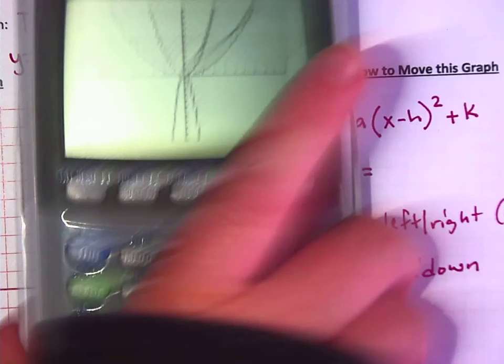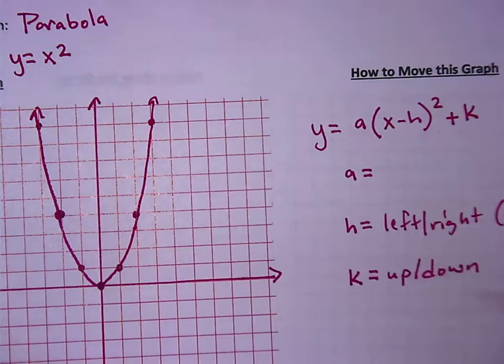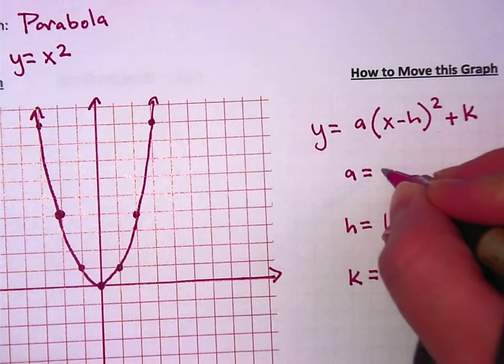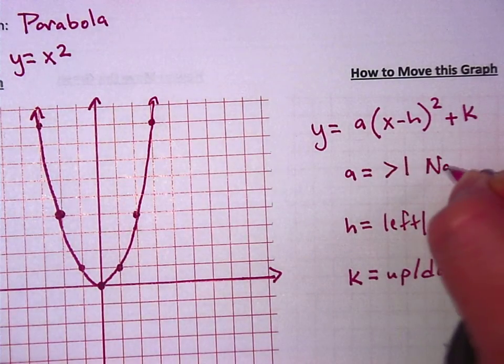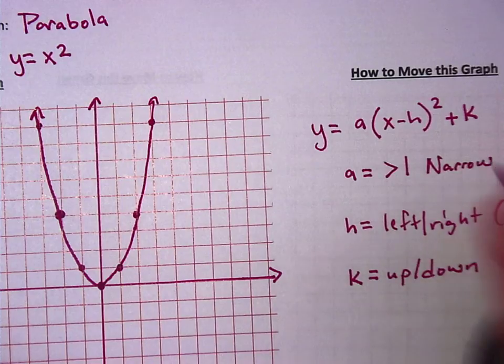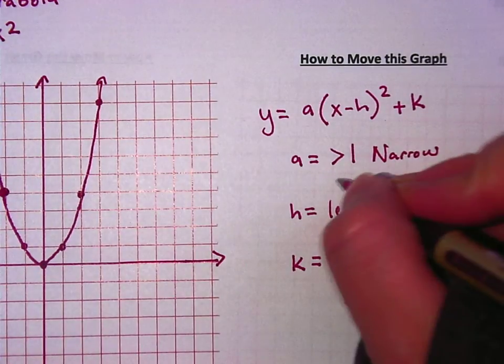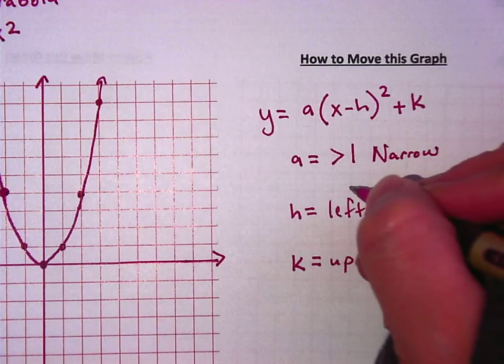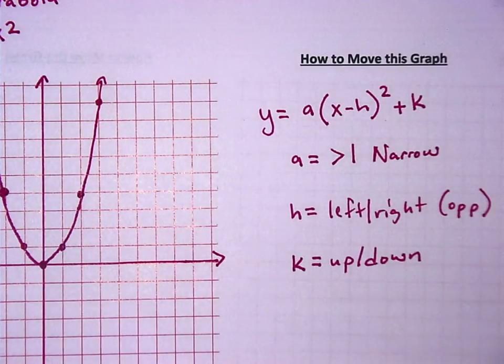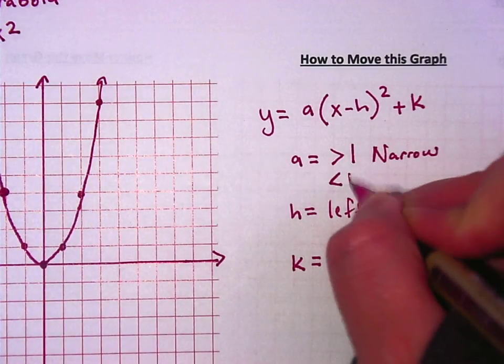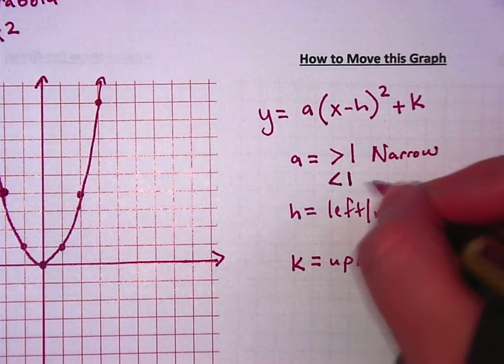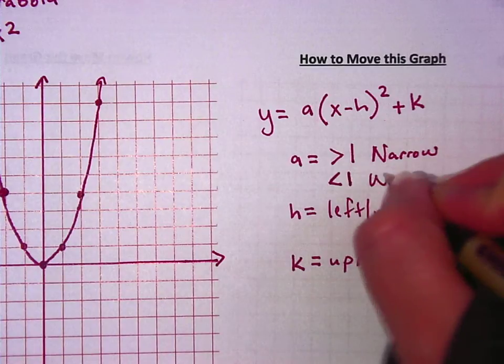Okay, so A: if A is bigger than 1, it makes it more narrow, and the higher it is, the more narrow it is. If it is less than 1 but positive, it makes it wide.